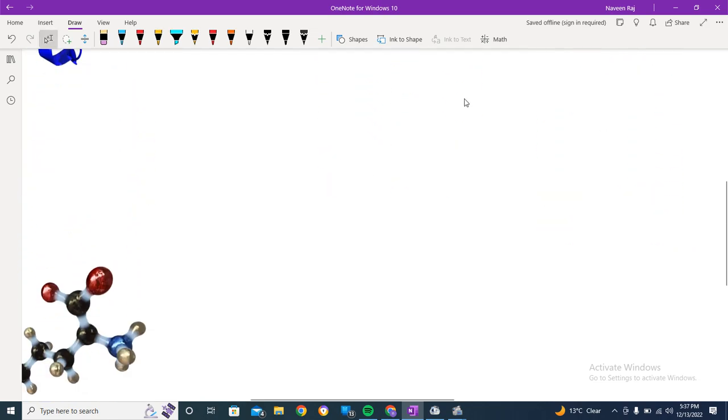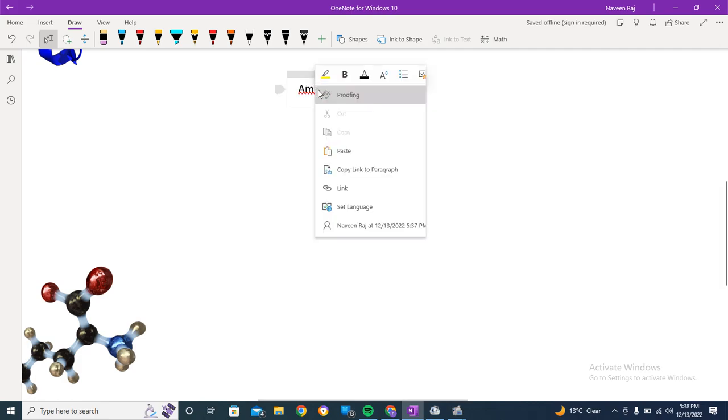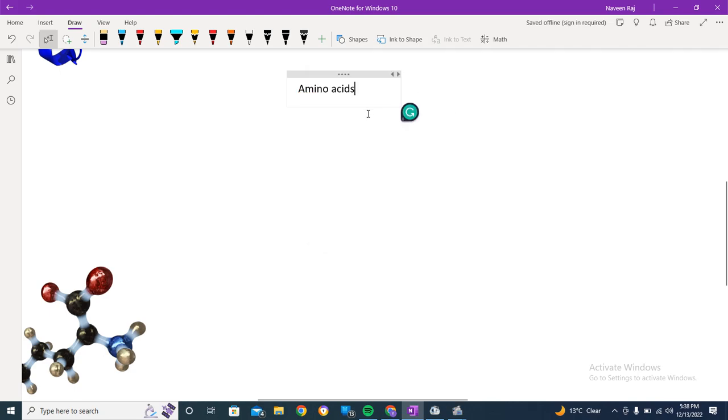This is an important term, amino acids. The proteins are composed of amino acids. And what are amino acids? The amino acids have a formula like this one. C is in the center.